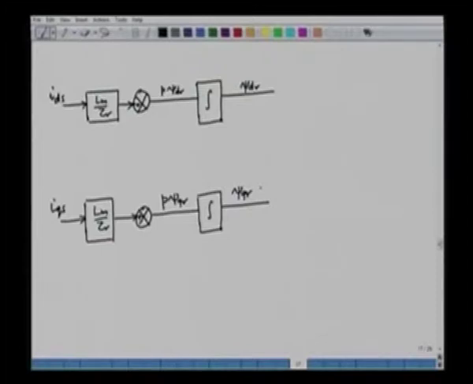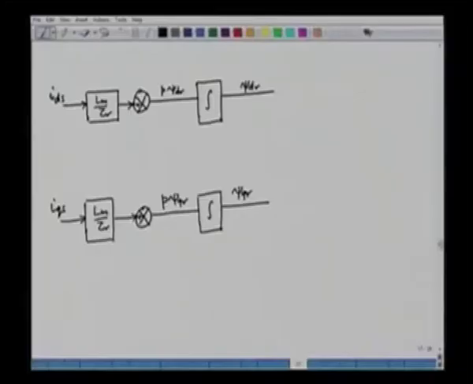So these are the two fluxes that we are talking about, but we have some other terms here. As per the equation, we have to complete the equation in the block diagram. So here we have a feedback, and this is 1 by tau r, and we feed back this flux.